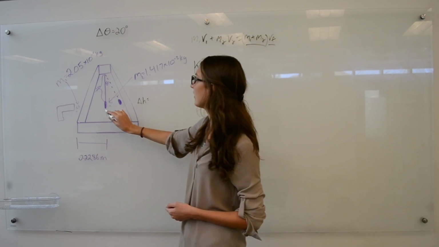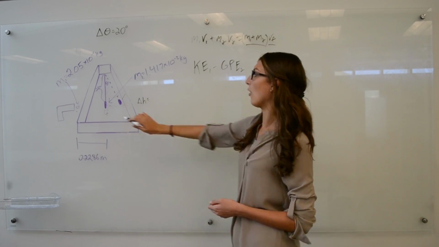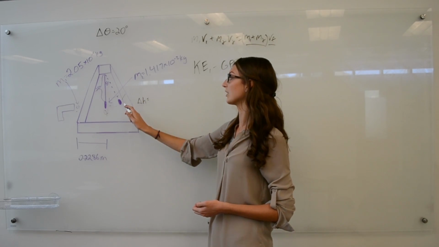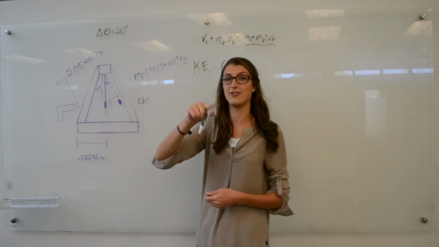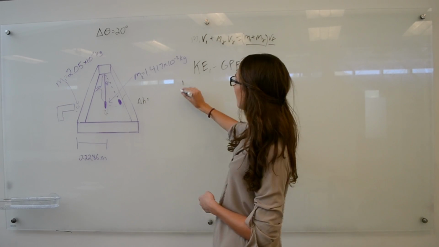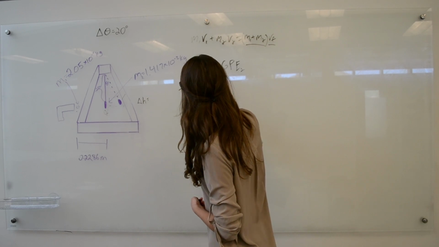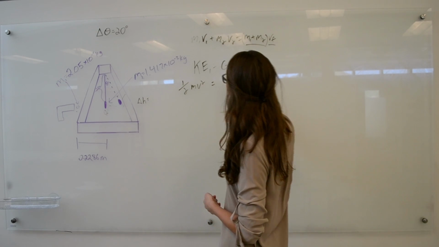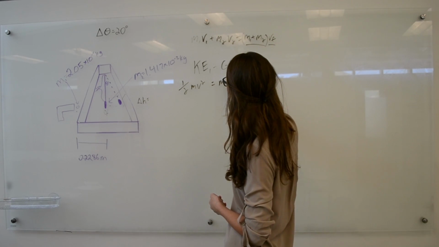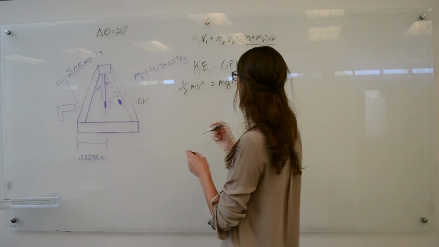So here it has kinetic energy, and then here it has potential energy. And we know that all of this kinetic energy is transferred to potential energy because energy is conserved. So we know that 1/2 mv squared equals mgh, and this is the delta h that it moves up.